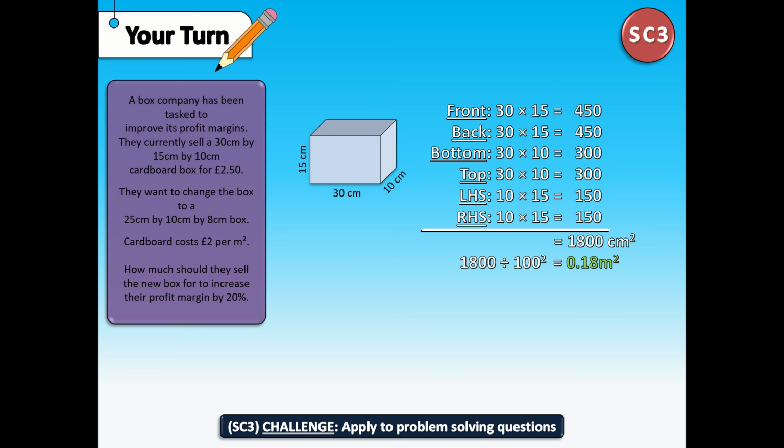So that's a surface area for the current box of 0.18 meters squared. It costs £2 per square meter. So if we times that by £2, that means it currently costs 36 pence to make each box. So the current profit, if we sell the boxes for £2.50, we make a profit of £2.14.